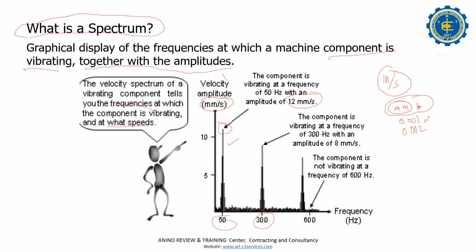By the way, in your country is it 50 hertz or 60 hertz? 50 hertz only. Here in the Philippines, we have 60 hertz. Also in Saudi Arabia, they use 60 hertz.